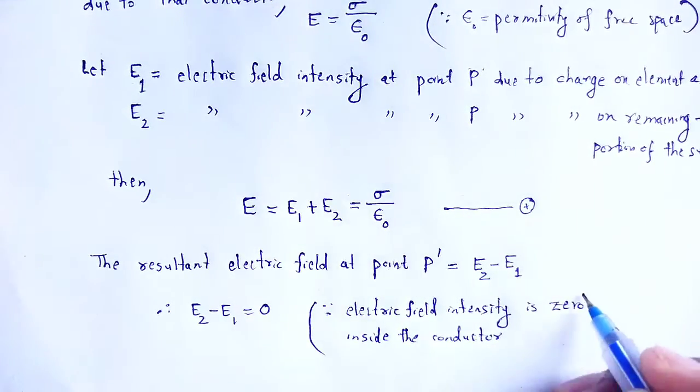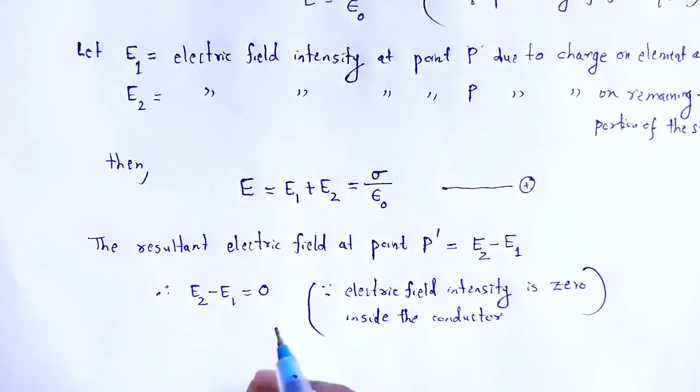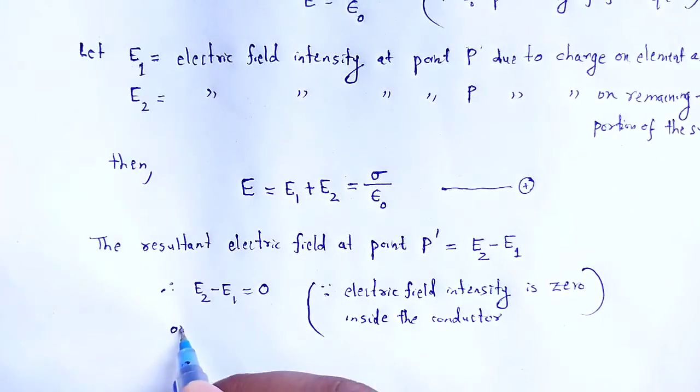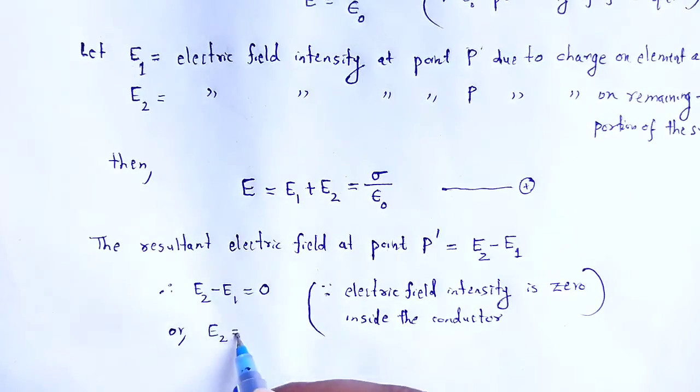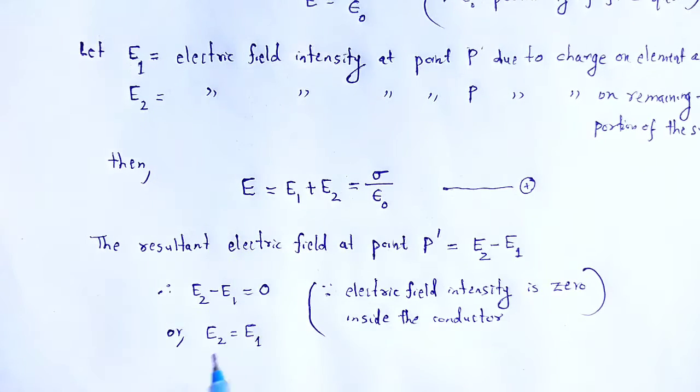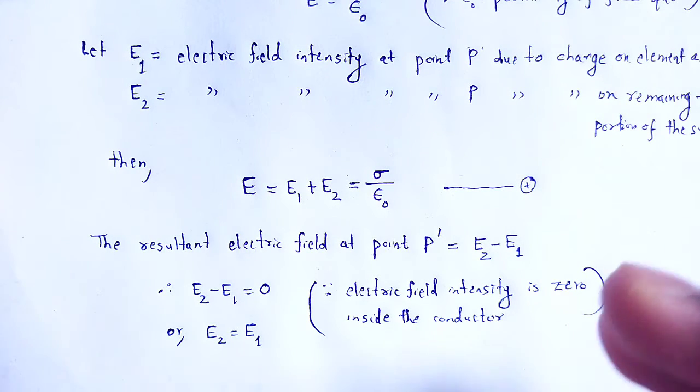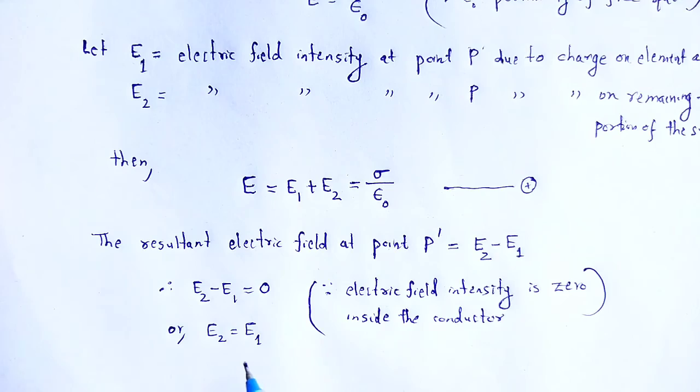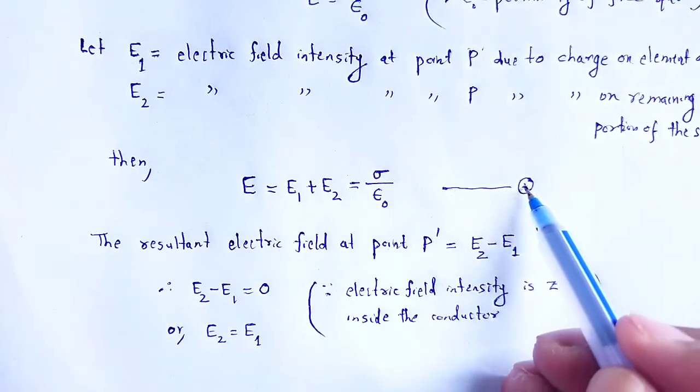Inside the conductor, the electric field intensity is 0. Therefore E2 is equal to E1. These two electric field intensities will be the same. Now putting this value in equation 1.